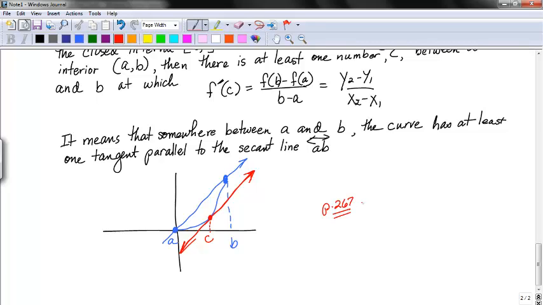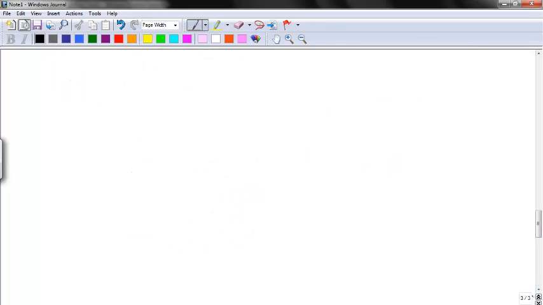Okay? Then there is a corollary. This is corollary 1.